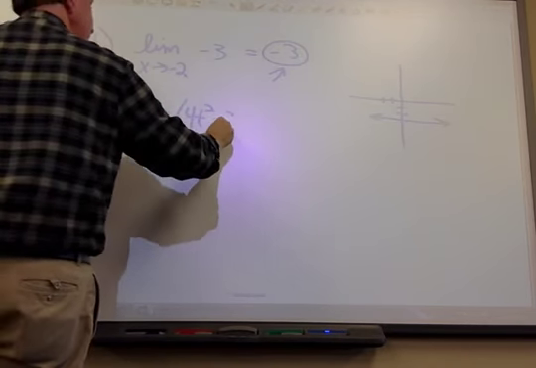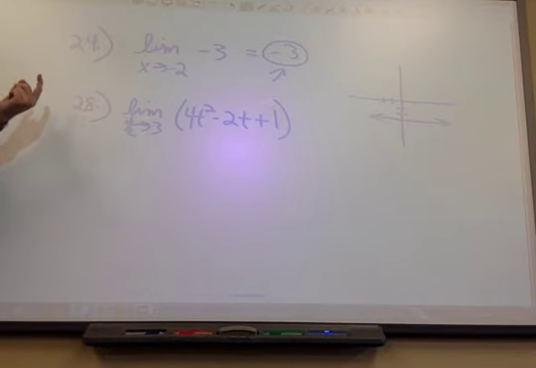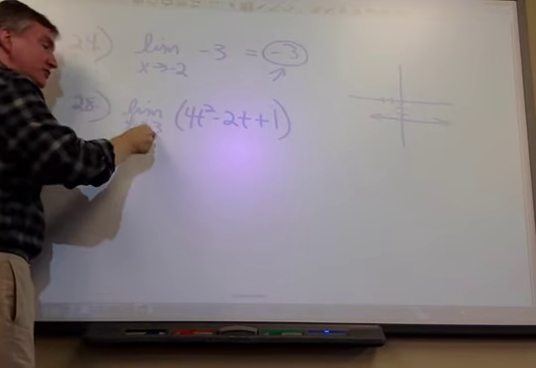We could graph it. It would be an upward thin parabola, remember from college algebra? But as t gets close to 3 from either side, that's an unbroken curve. It's going to go to the same place, isn't it? If it's a polynomial like this, you could just plug the 3 right in, and that's your limit. So what would that be?